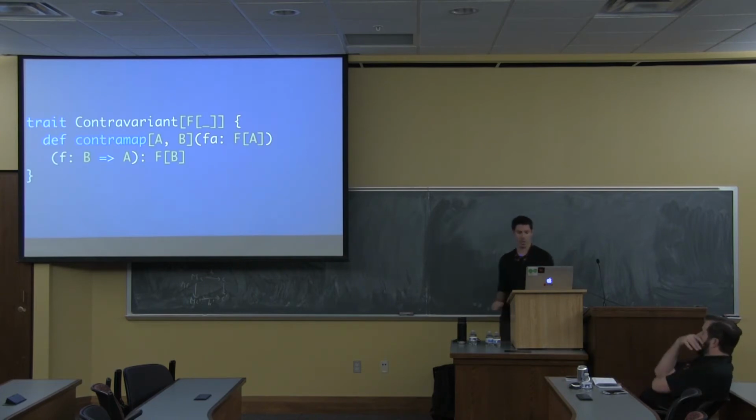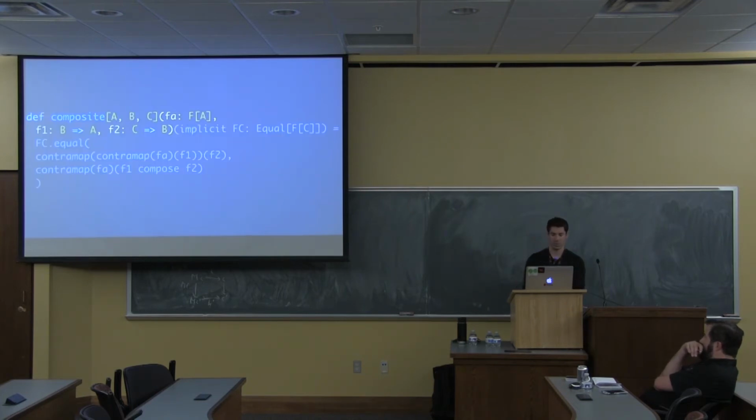So here's the encoding of the abstracted over contravariant. It's over anything over an F that has contramap. We'll take an F of A, a function B to A, and then we can return an F of B. So this is a contravariant functor. And it has laws. So anything that's a contravariant functor has to follow the composite laws.